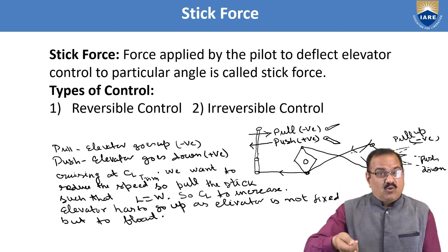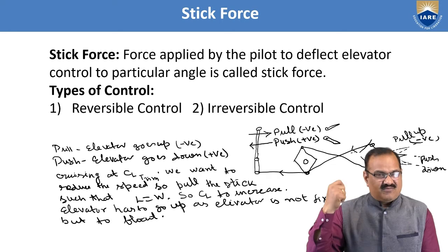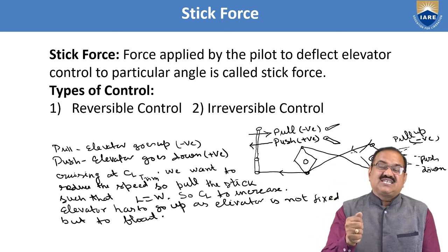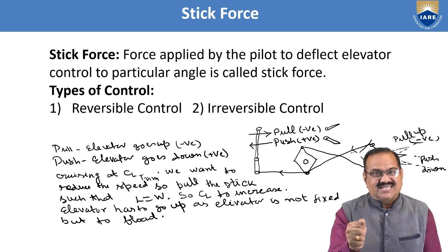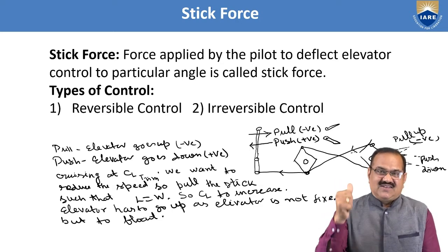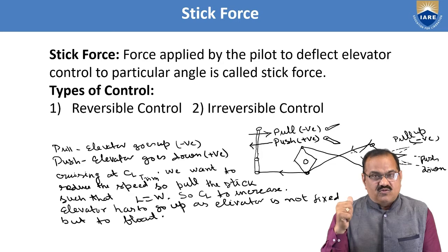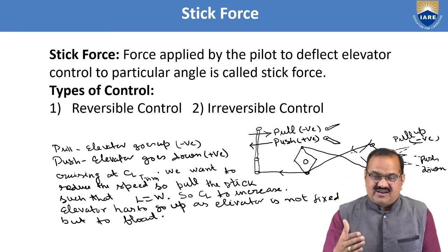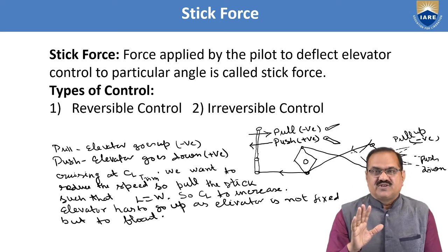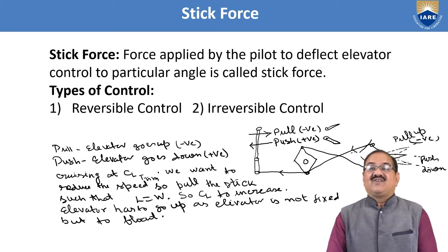And when you move the control surfaces from the outside, the stick will also move. It is vice versa. If the pilot is moving the stick, the control surfaces, elevator, aileron and rudder will move. And once you move these surfaces, the stick will also move. So this type of control is called the reversible control.